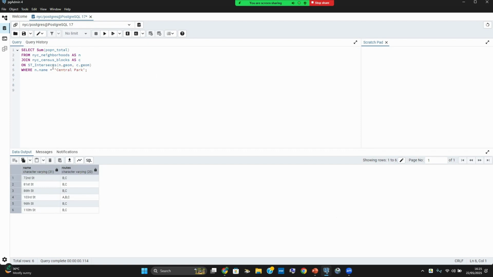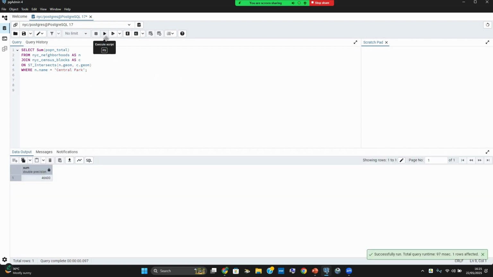We're selecting all the census blocks within this neighborhood of Central Park, and then we are summing the total population of this neighborhood using data from another table, the census block table. Good. And what we're seeing here is that in Central Park, there are 46,600 individuals, with reference to when the census was taken.